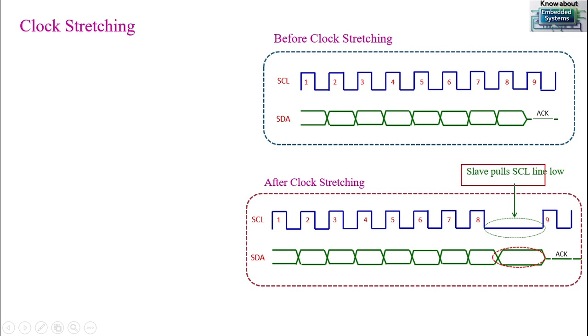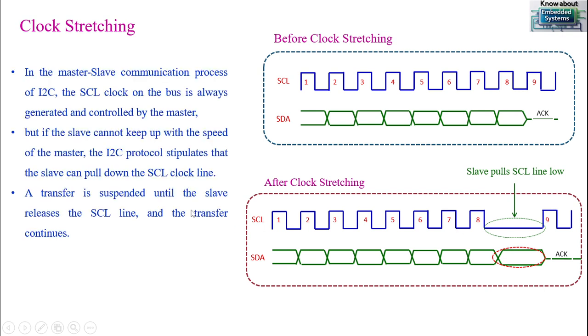The slave pulls the SCL line low because it is operating at lesser speed, and later it is going to release it. This process is called clock stretching. This is because of low speed communication.